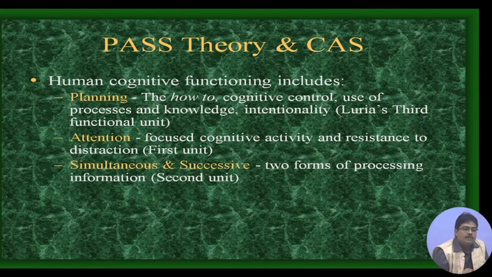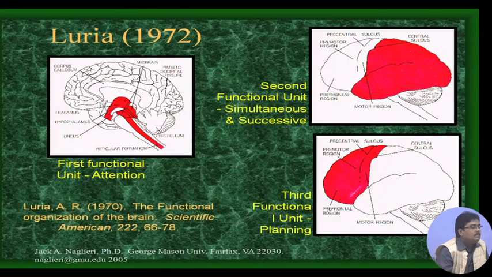They are responsible for our cognitive functions or intellectual functions. Attention refers to cognitive activity that is focused and resistant to distraction. This refers to Luria's first unit. Simultaneous and successive are the two forms of processing information that refer to the second unit of Luria's functional organization of the brain.